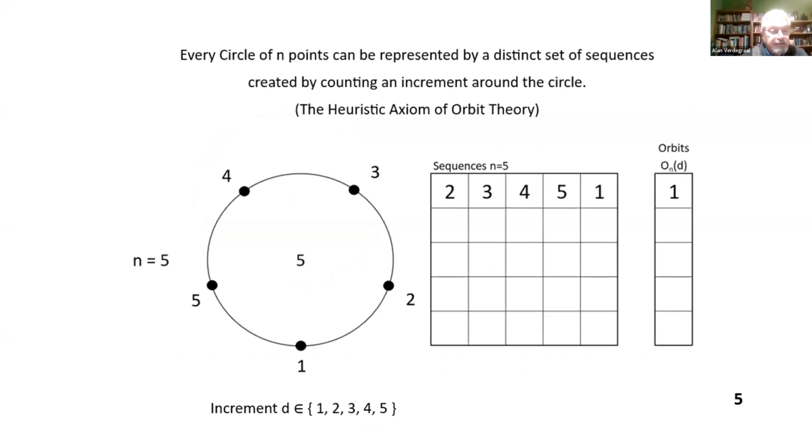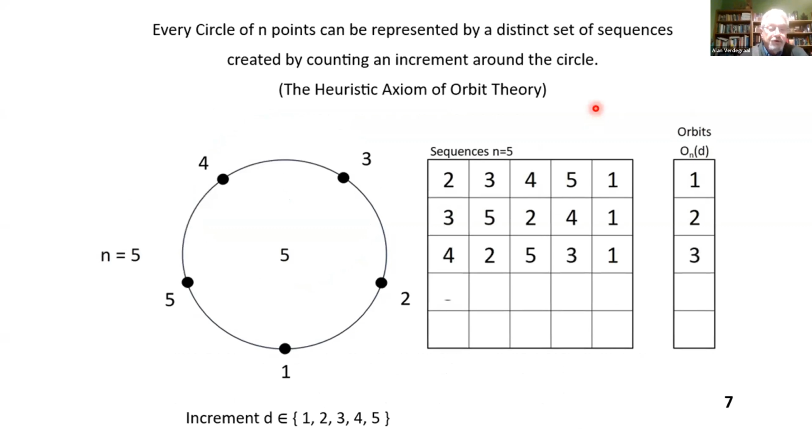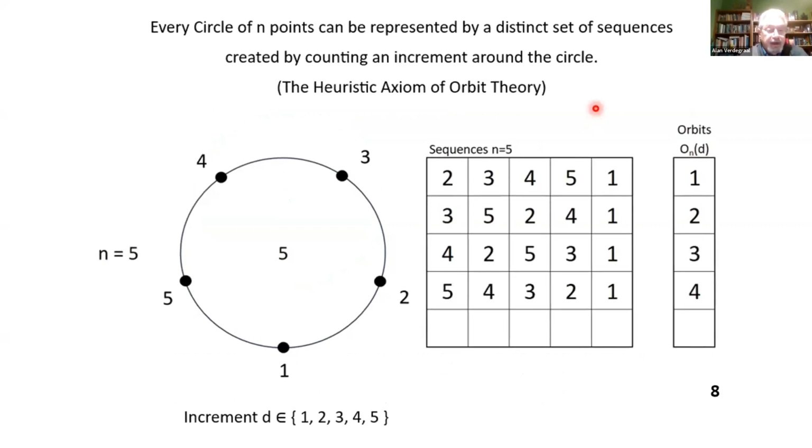Let me get my laser pointer again. And then if we count by 2, we get the numbers 3, 5, 2, 4, 1. And if we count by 3, it's 4, 2, 5, 3, 1. And by 4, it's 5, 4, 3, 2, 1.